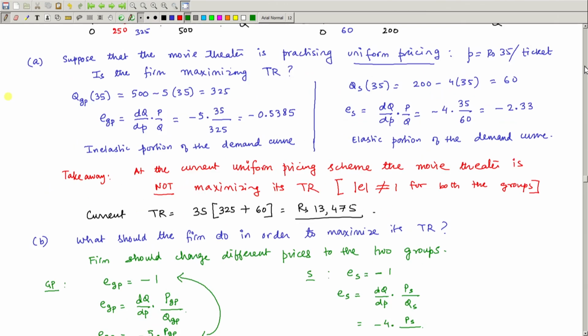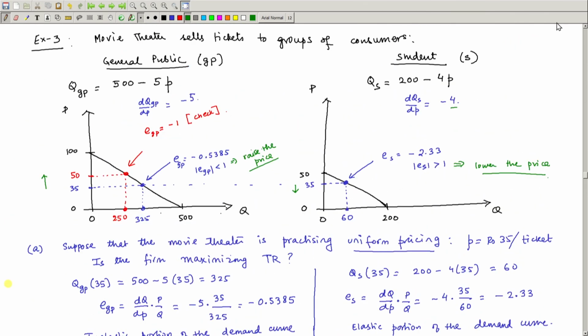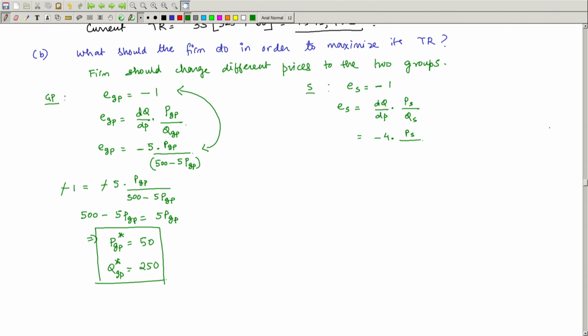I already know that the demand curve is given by 200 minus 4 times P. So, if the price was 20 rupees per unit, the quantity demanded by this group would have been 200 minus 4 times 20. So, if I take a generic P_S, the quantity demanded by the student group is going to be 200 minus 4 times P_S.